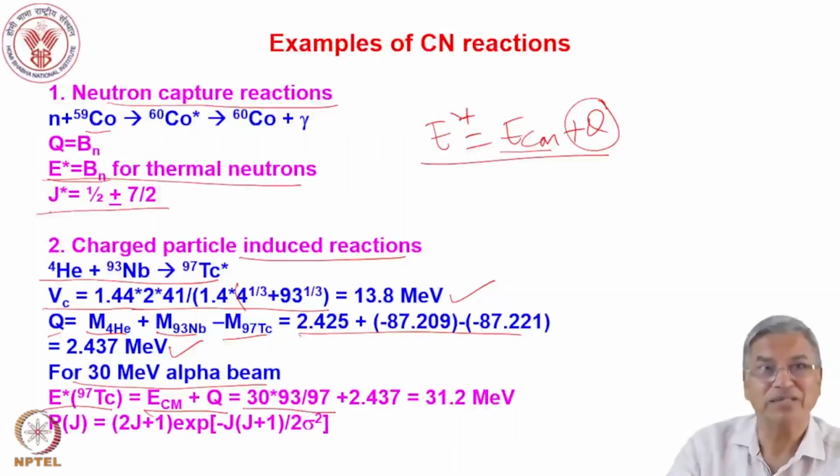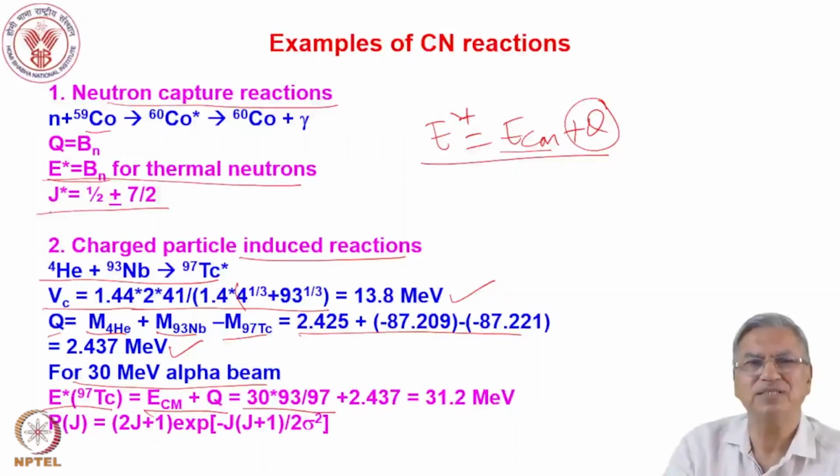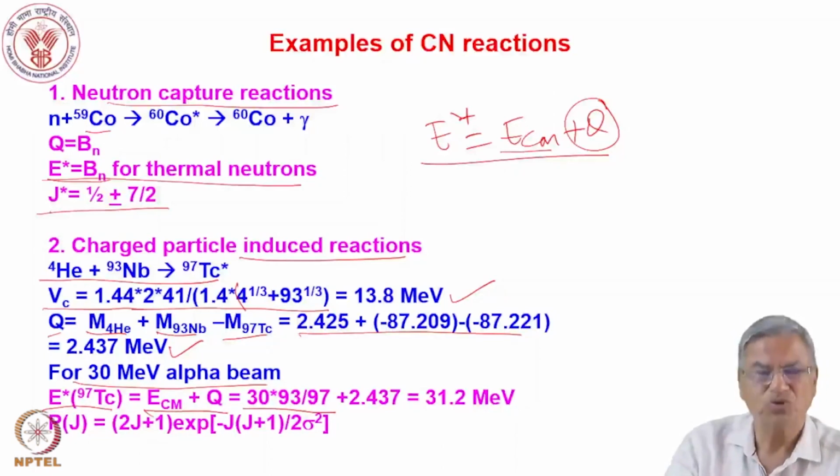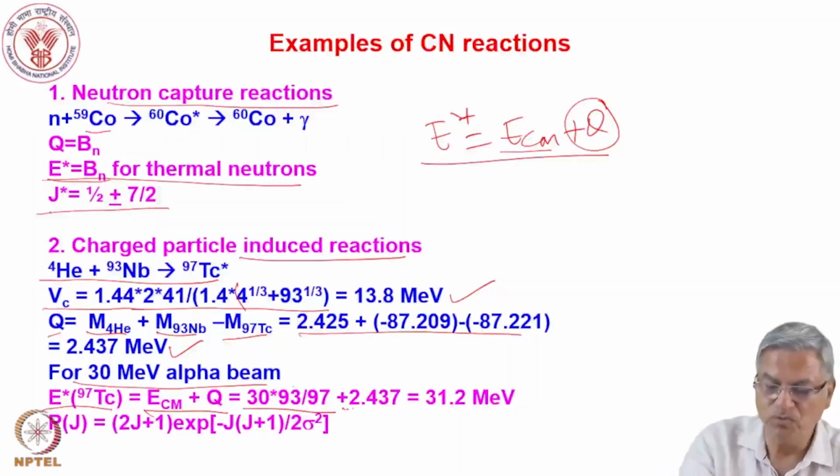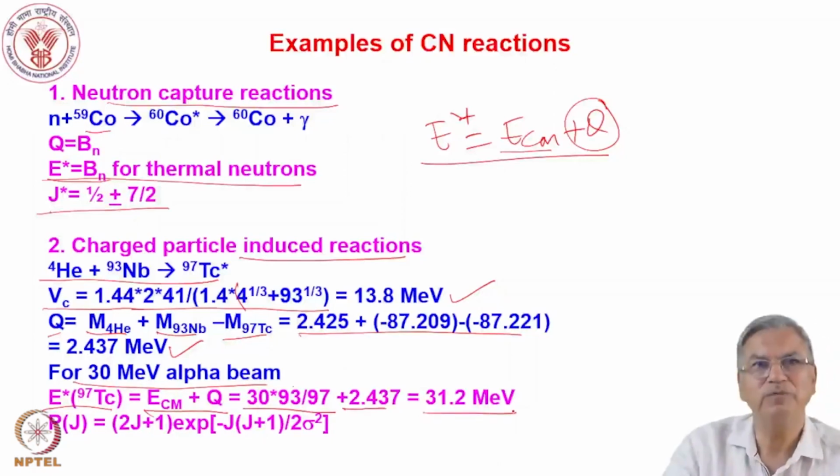Here you take the mass numbers, because it is not the difference in the masses, the A will get cancelled out. So when you are calculating center of mass energy or required energy, you take the mass number. Mass numbers are very close to the masses. So you take the actual mass numbers plus Q value, that is 31.2 MeV.